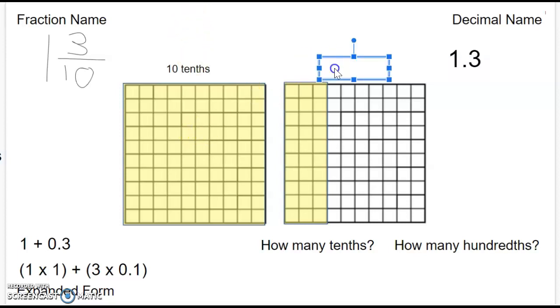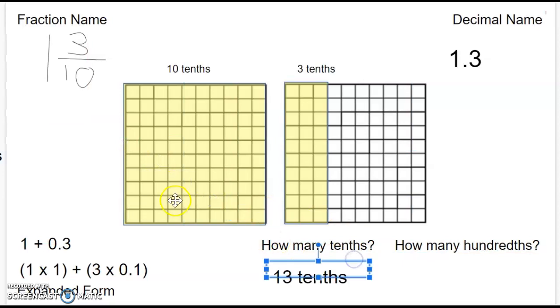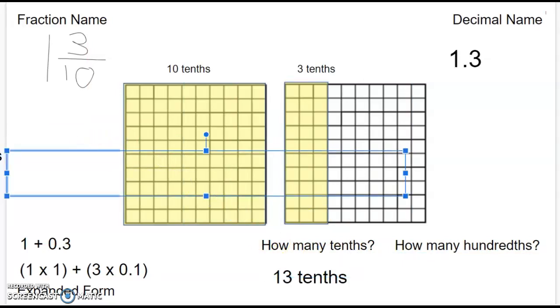And there's 3/10 over here. But that means that there are 13 tenths all together. So if yesterday you were having a little trouble keeping up with how in the world we got those numbers, you've got 10 tenths on the left and 3 tenths on the right. So that's 13 tenths. Okay?